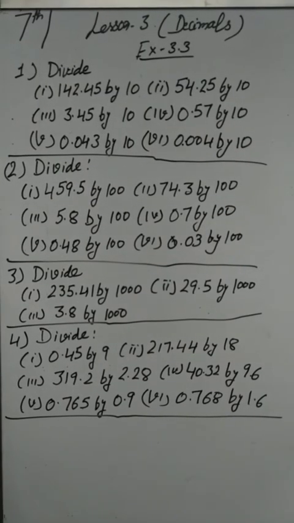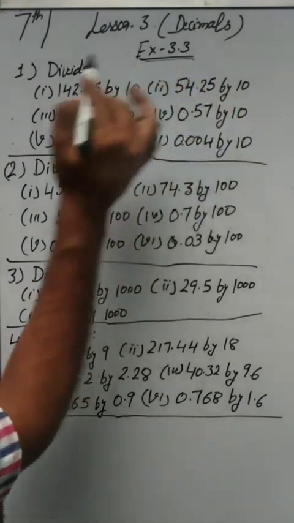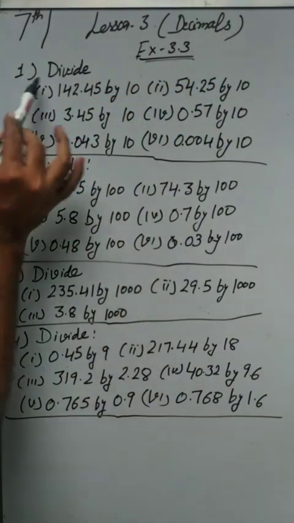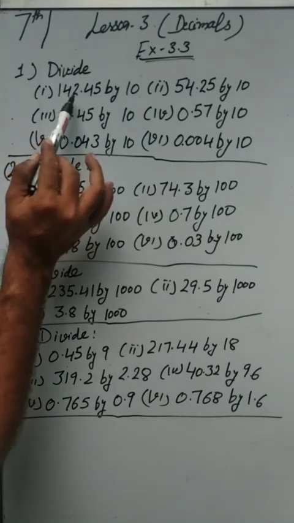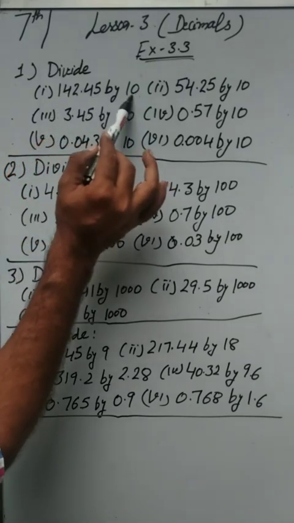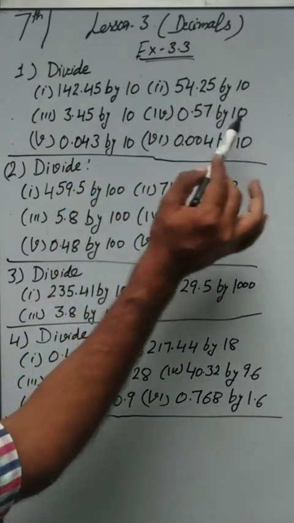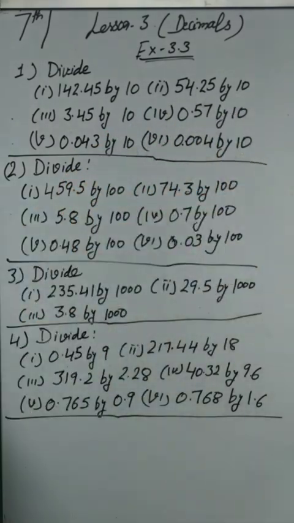Yes beta, these are the problems of exercise 3.3. You have to try these problems by yourself. I have explained all types of division of decimals. You have to solve these by yourself. Look here beta, in the first question, divide 142.45 by 10. In every question you have to divide the decimal by 10.